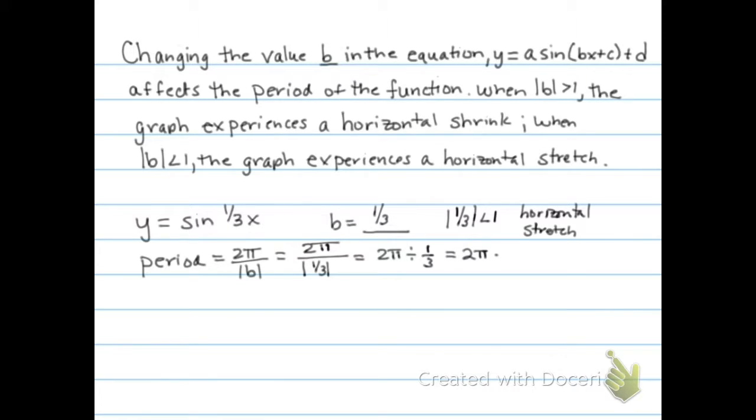So the reciprocal of 1/3 is 3/1. And if I put the 2 pi over 1, I just multiply straight across. I get 6 pi divided by 1, which is just 6 pi. So my period is going to be 6 pi. And remember, my original, or parent, sine graph has a period of 2 pi.